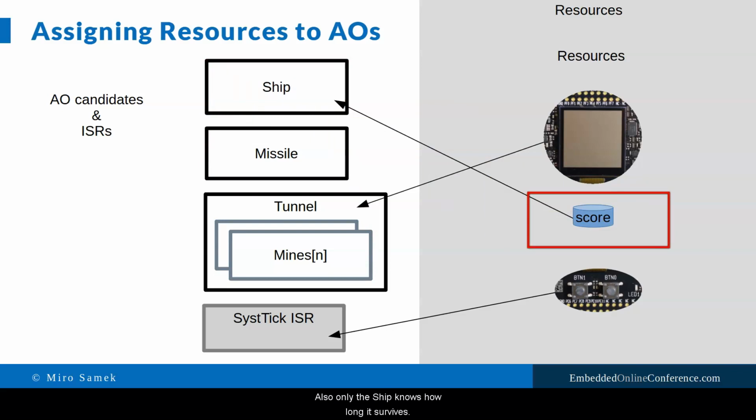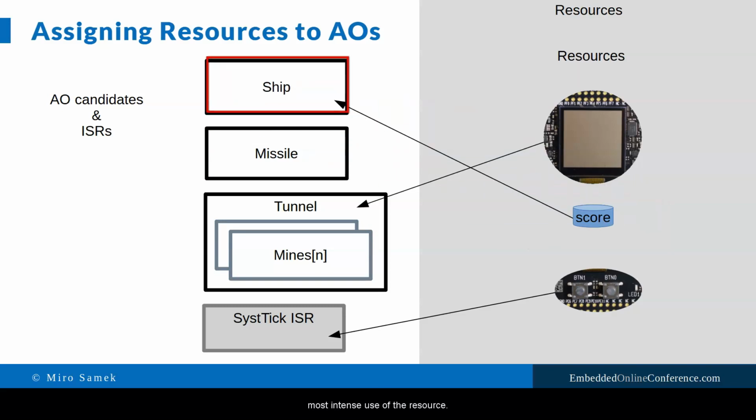Also, only the ship knows how long it survives. So the general guideline here is to allocate the resource to the component that makes the most intense use of the resource. Other components, also interested in the resource, will then post events to the owner to do something with the resource, instead of accessing the resource directly.